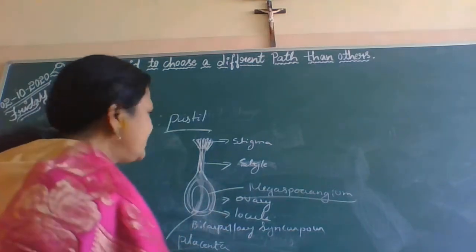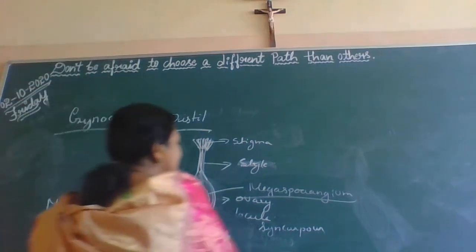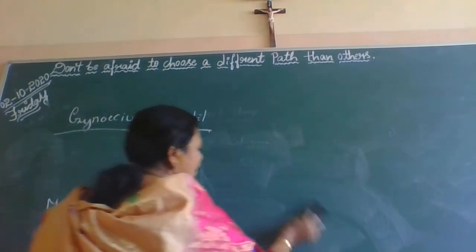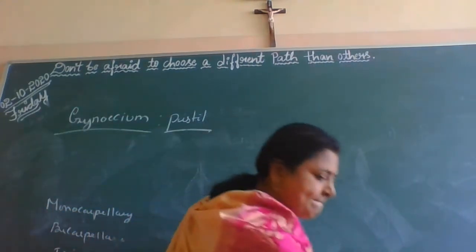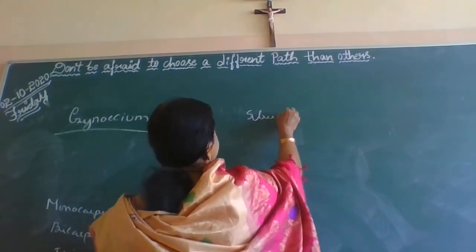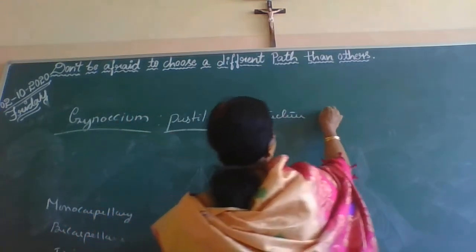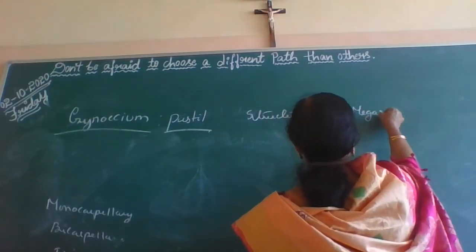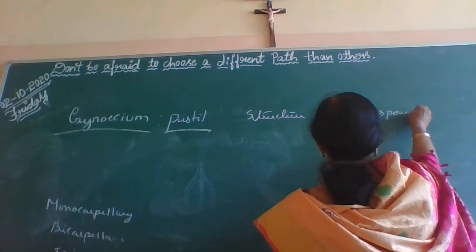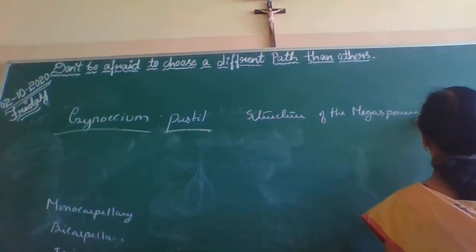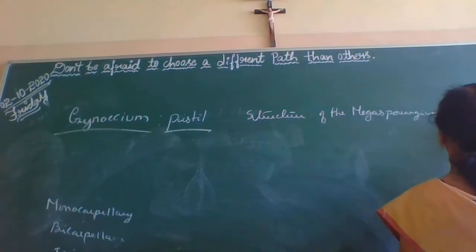Now, what is the structure of this megasporangium, or called ovule?